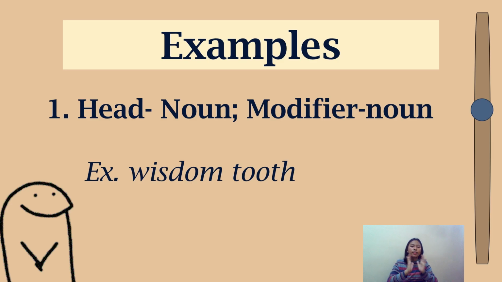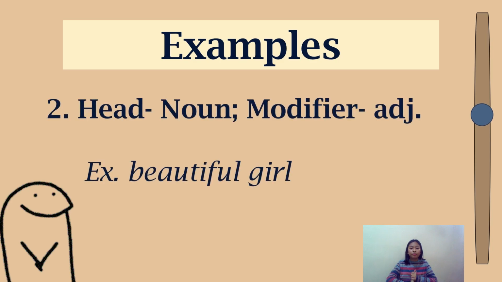Second, the head is a noun and the modifier is an adjective. So the adjective beautiful modifies the noun girl.